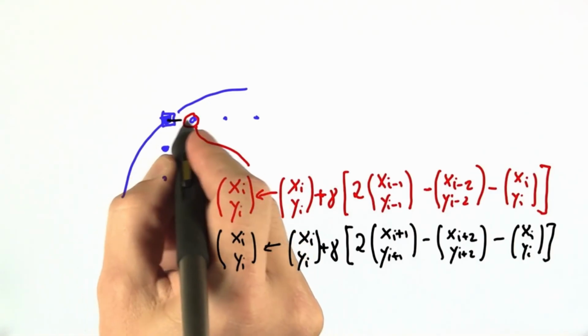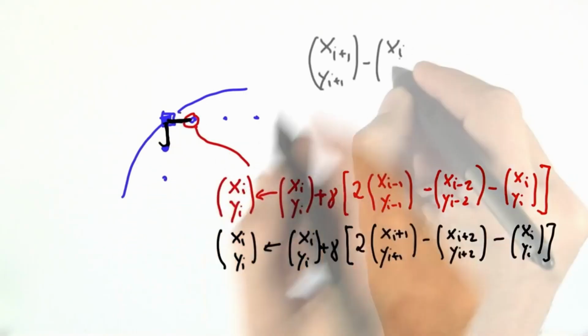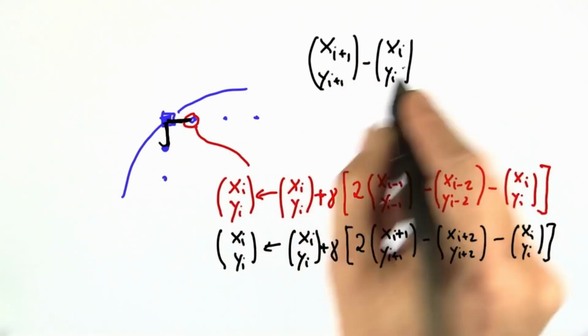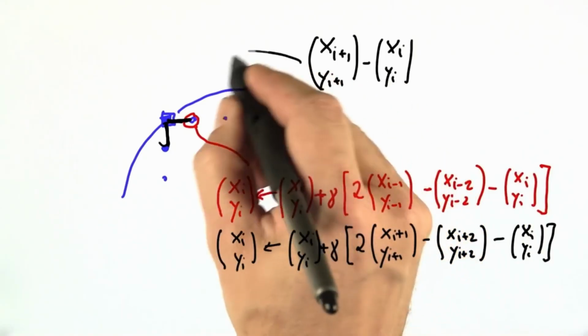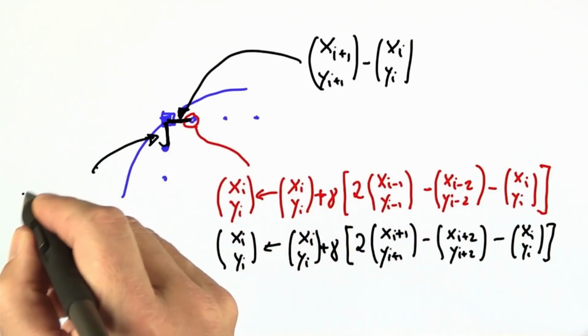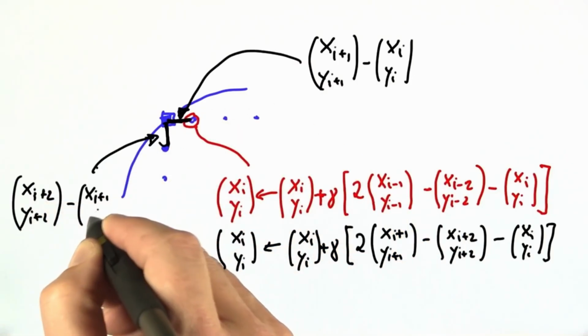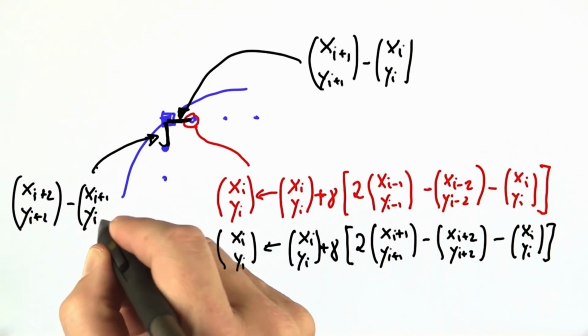We want the vector over here to be the same as the vector over here. This vector is this difference over here of xi plus 1, yi plus 1 minus xi, yi. That's this vector over here. And the vector over here is similarly the difference of the point i plus 2 minus the same for i plus 1.